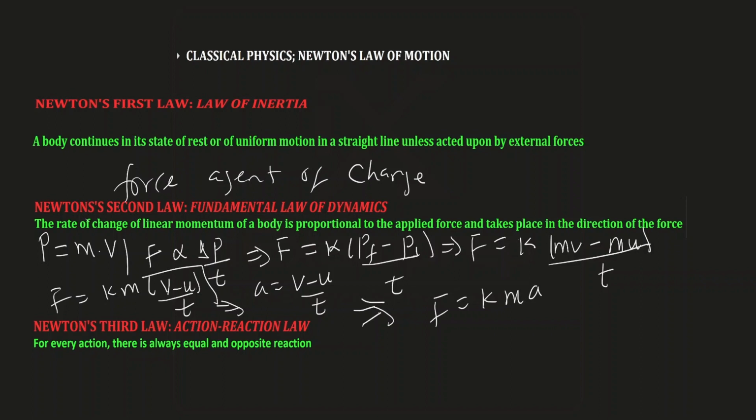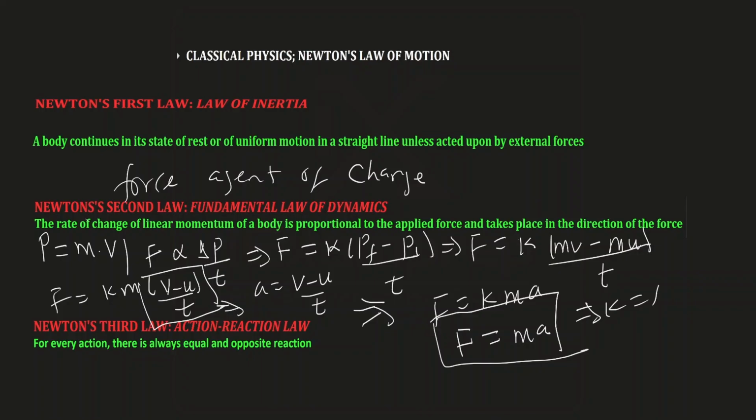If K is equal to 1, that means we can write the law as force is the product of mass and acceleration. This means that this second law can also be stated as the force applied to an object is directly proportional to the acceleration, provided that the mass remains constant.